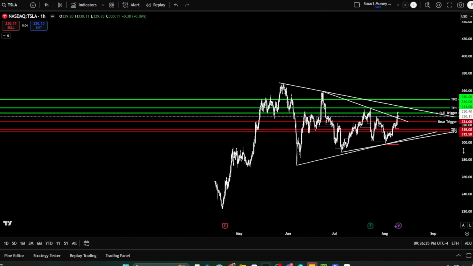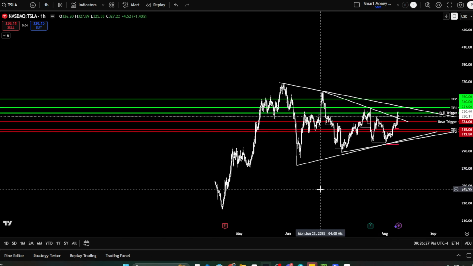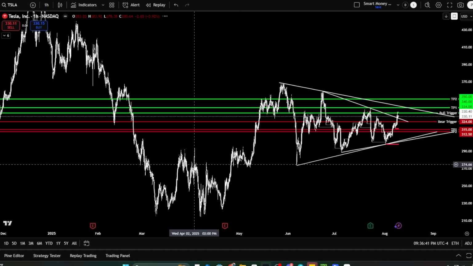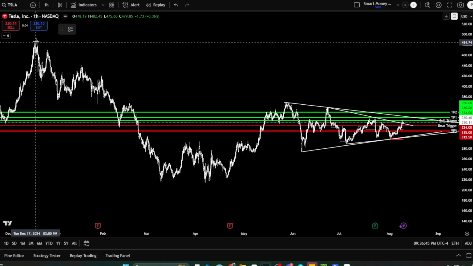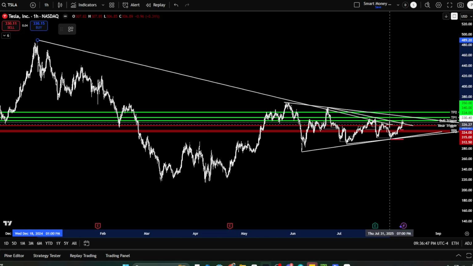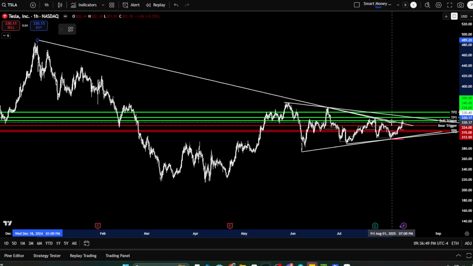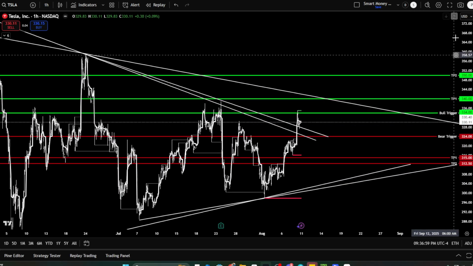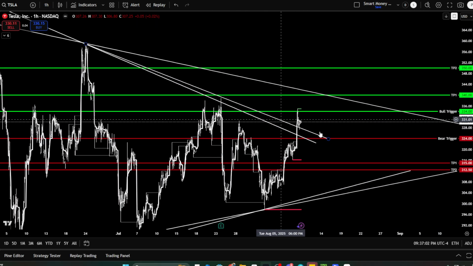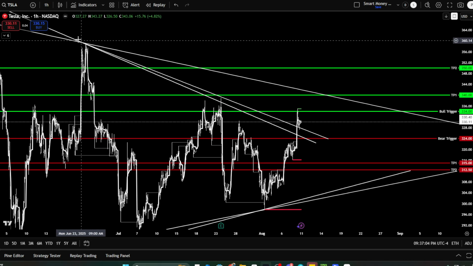And if we zoom out further, there's a bigger triangle here as well that fairly lines up. If we connect the highs, those trend lines are in very similar spots.